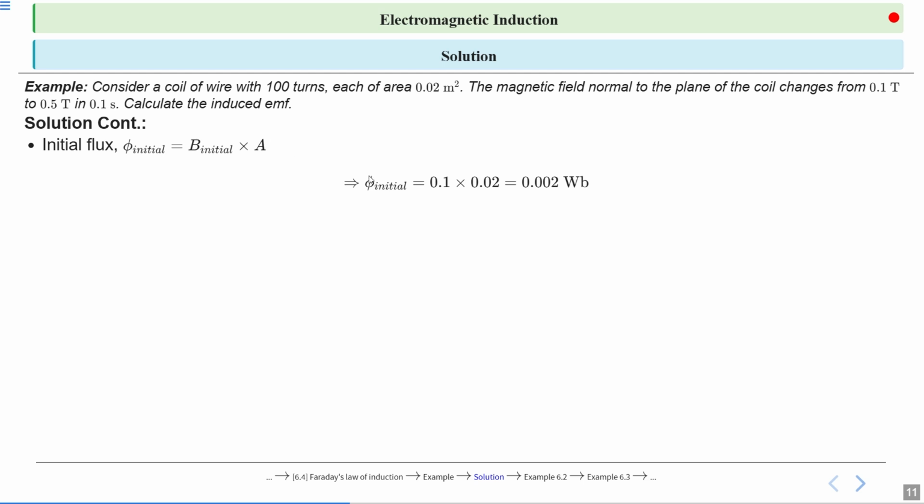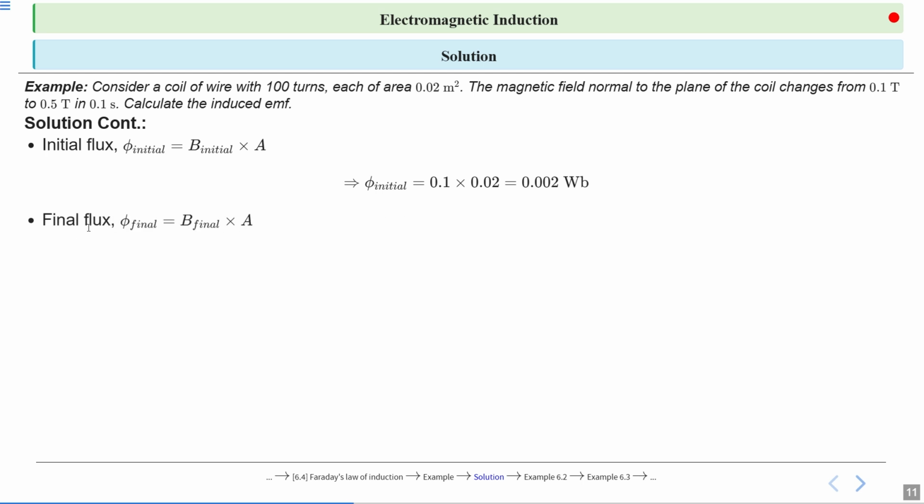B initial is 0.1, and the area of the coil is 0.02 meter square. So phi initial will be 0.002 Weber. Weber is the unit of magnetic flux, which is Tesla meter square also.